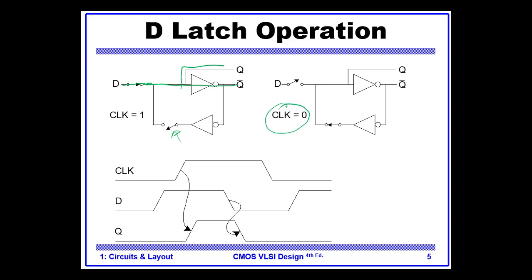And when the clock is 0, the input is disconnected from the multiplexer, because the input was at the first line, and we have this kind of feedback which enables us to store. So this is storing mode or memory mode, and that is transparent mode. This is the operation in more detail.